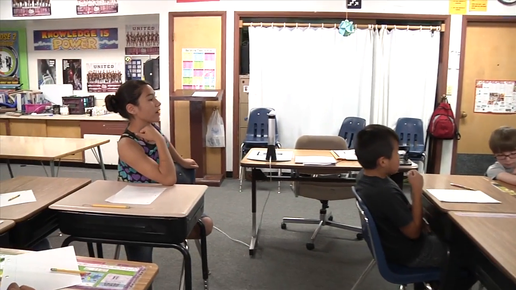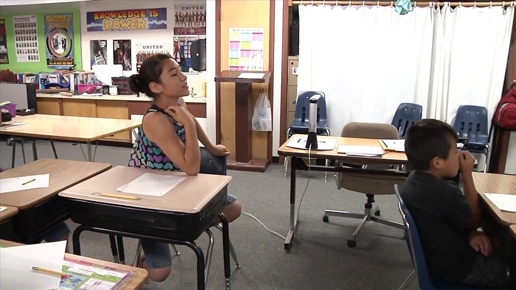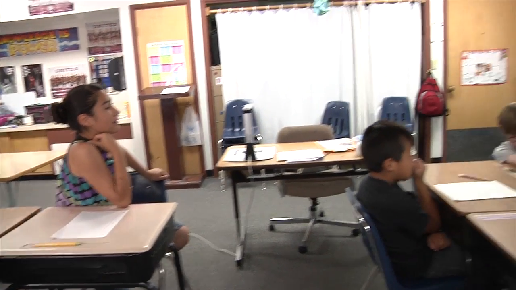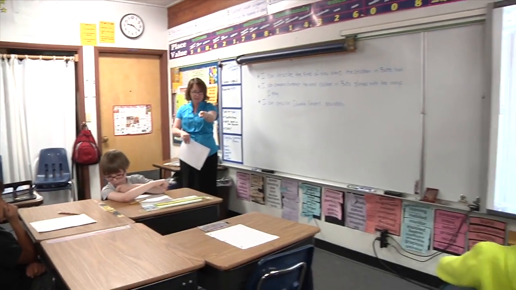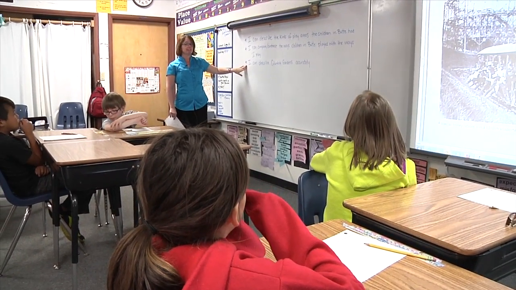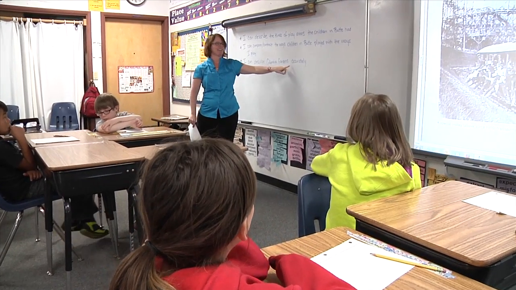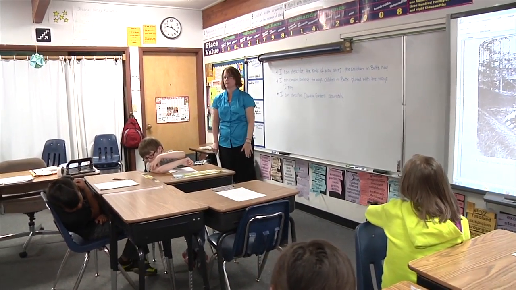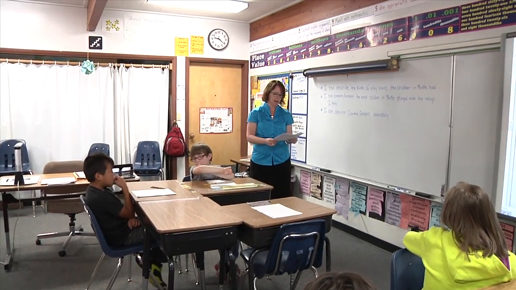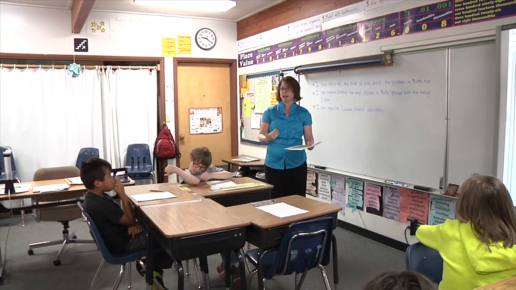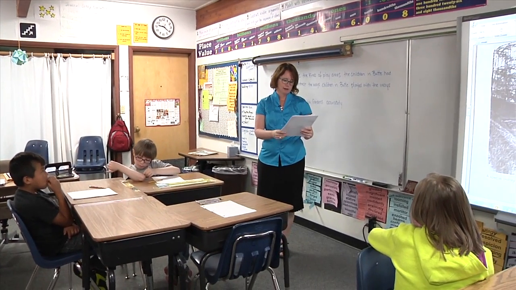I can compare and contrast the ways children in Butte played with the ways I play. Good, and we just did that a little bit too. And then in the red. I can describe Columbia Gardens accurately. Accurately. Good job. So we're going to learn a little bit more about Columbia Gardens, and we're going to talk a little bit more about how kids in Butte, the places that they had to play as compared to the places that you have to play.